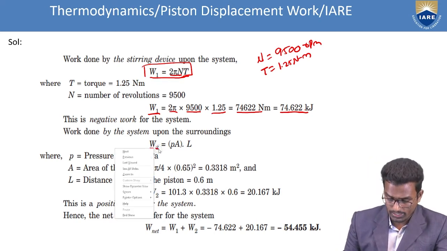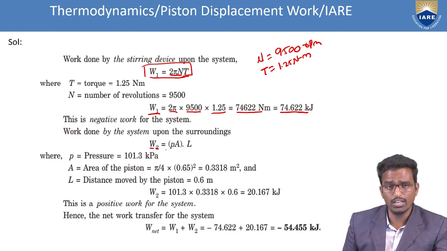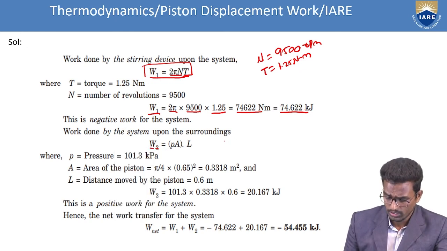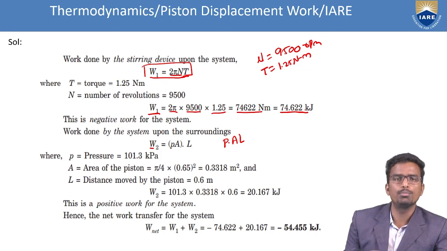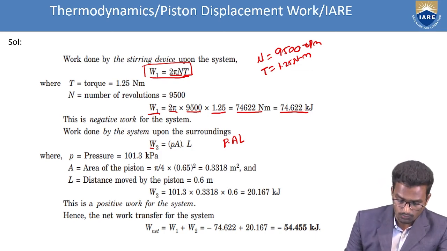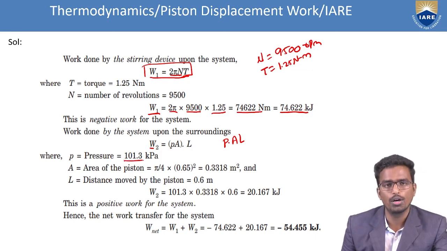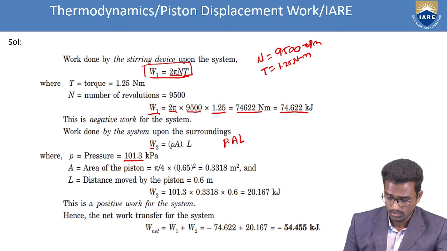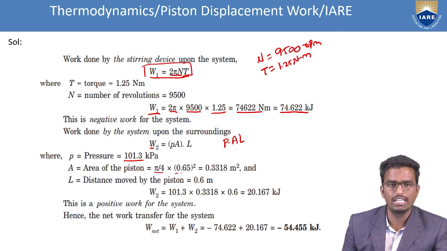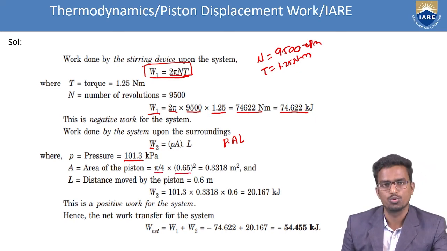So that work is nothing but P into area into length of movement, that means the pressure outside into area into length of movement. We can simply say it is the volume of movement. We know the pressure is 101.325 kilopascals, that means atmospheric pressure, and the area of the piston is π/4 into d square, with d = 0.65.